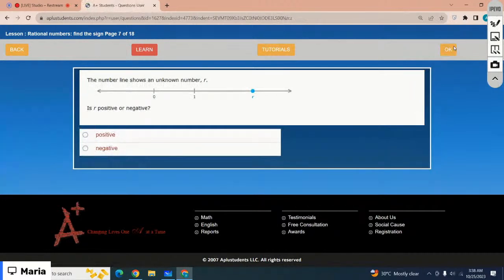Is r positive or negative? So the correct option is r is positive because that is on the right hand side of the 0.